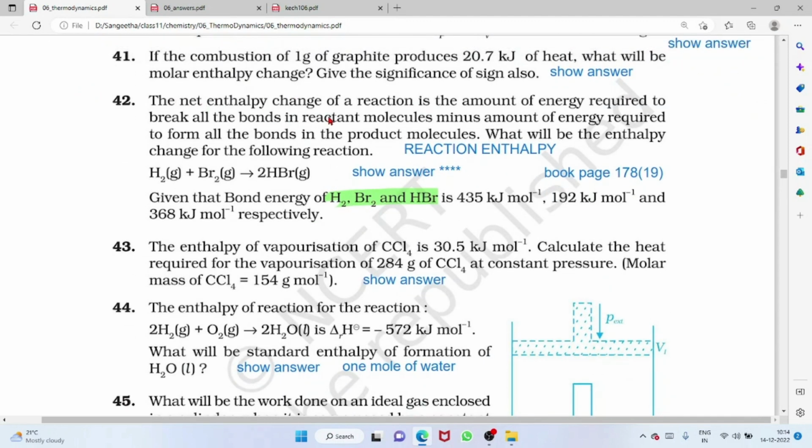The net enthalpy change of a reaction is the amount of energy required to break all the bonds in the reactant molecules minus the amount of energy released to form all the bonds in the product molecules. What will be the enthalpy change of the following reaction? So they are asking for the reaction enthalpy. They have given the bond energies. Question 42.